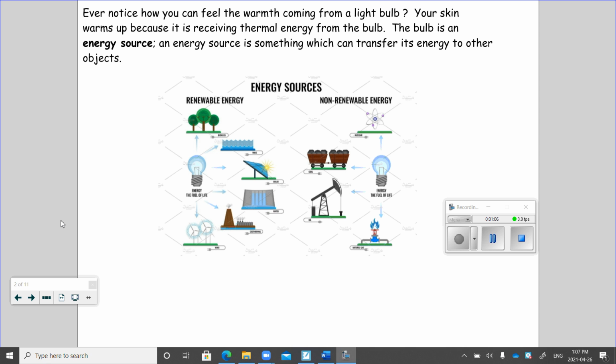We've actually talked about this at a number of points this year, primarily in social studies: solar energy, fossil fuels like coal and oil, but also trees, water. They're all things which can transfer their energy to other objects to make them move or do other tasks.